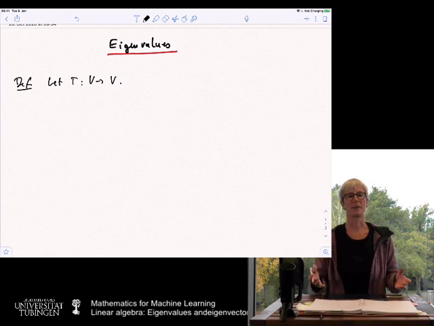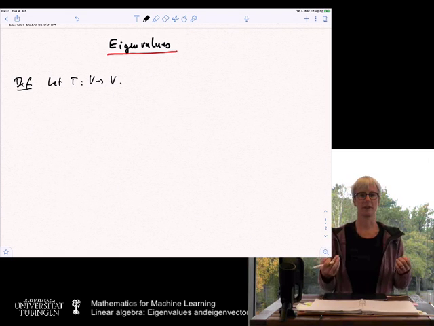And now we want to say when a scalar number is an eigenvalue of this linear operator.